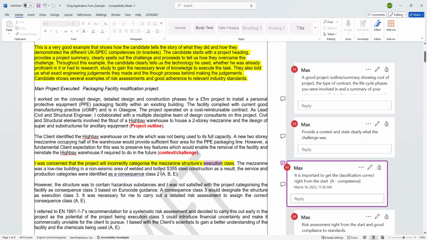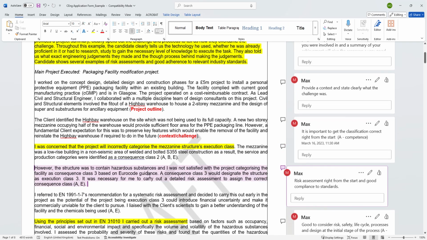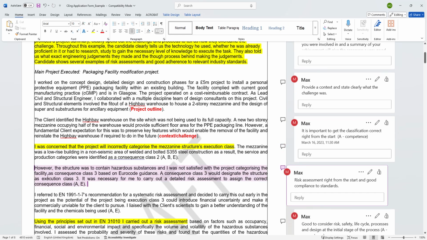And obviously the classification can affect how much is spent on the project. And then it continues. So this comment here is on the fact that the candidate was performing risk assessment right from the start. Okay, so that's something you should consider as you prepare your report.